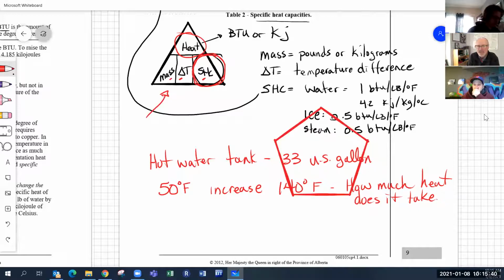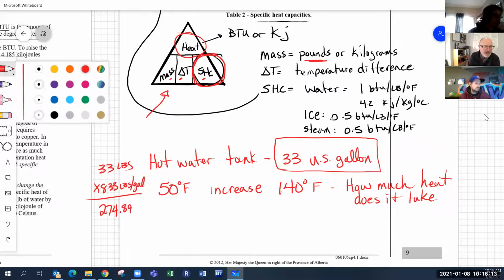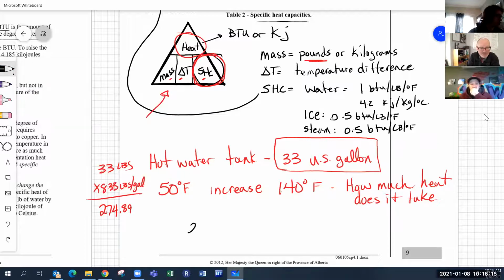We have a gallon capacity here, and it says 33 US gallons, but my mass needs to be in pounds. So I go 33 times 8.33 pounds in a gallon, and that comes out to 274.89 pounds.